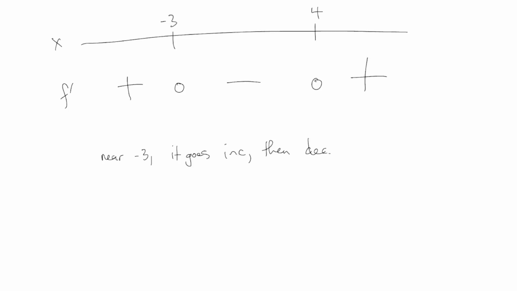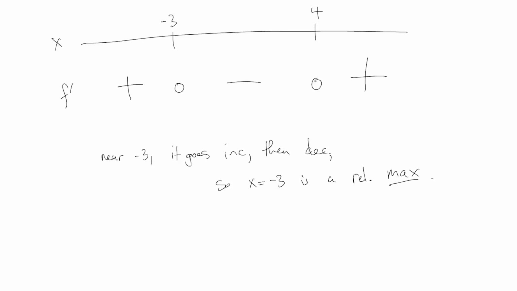Is that a maximum or minimum? I think it is a maximum. It's at the top, because it increases until you get to minus 3 and then decreases again. So x equals minus 3 is a relative maximum. Increasing and then decreasing means it's a maximum.